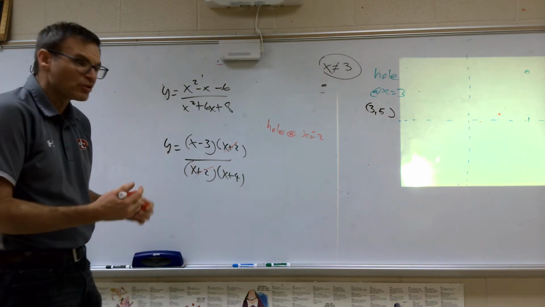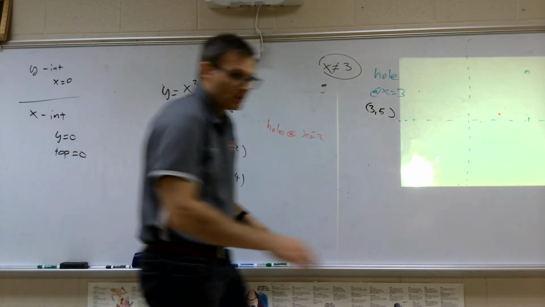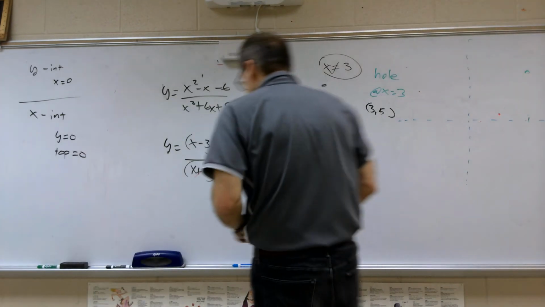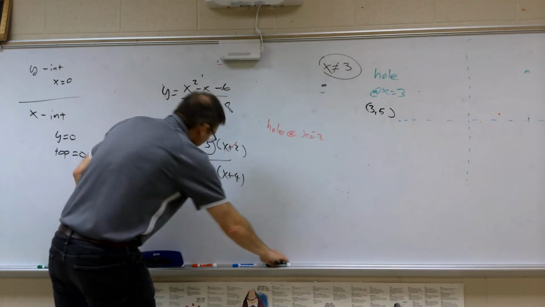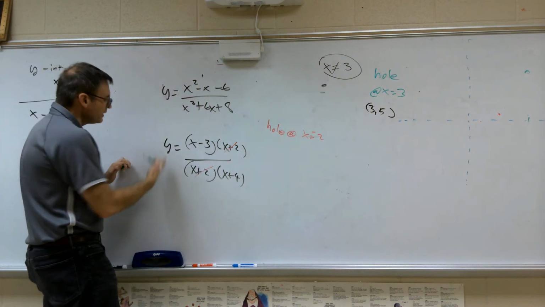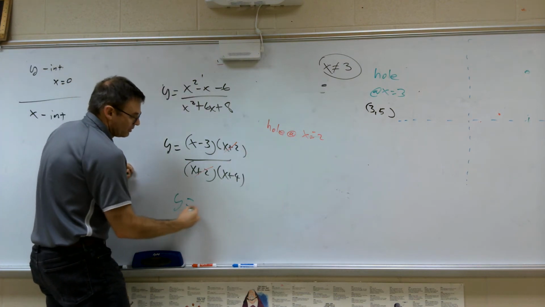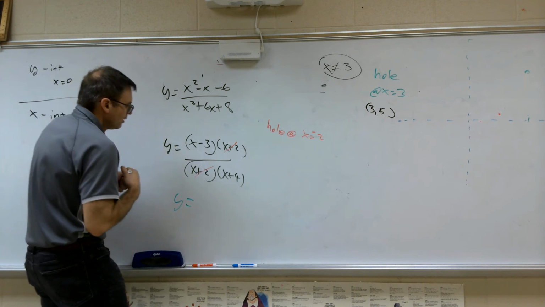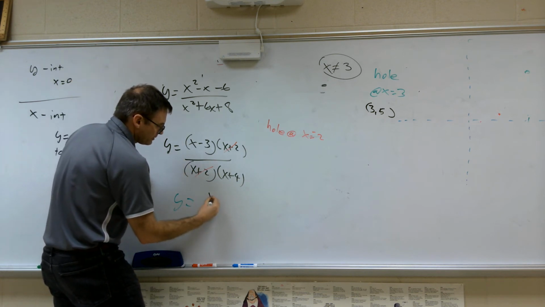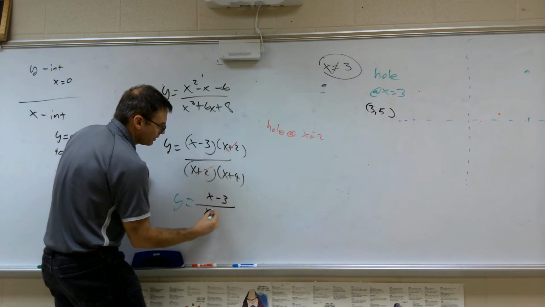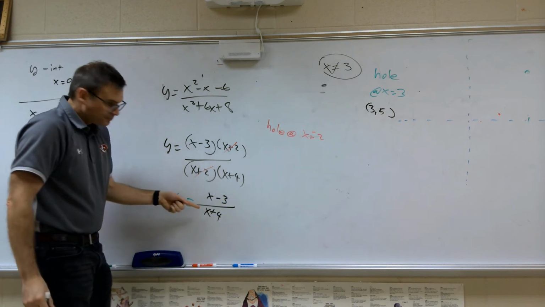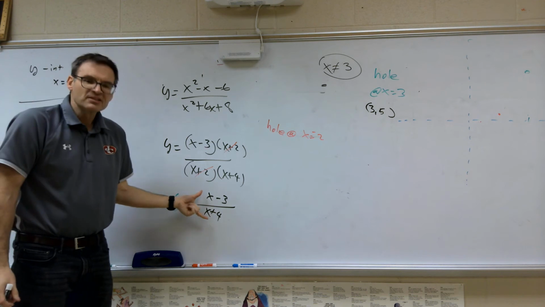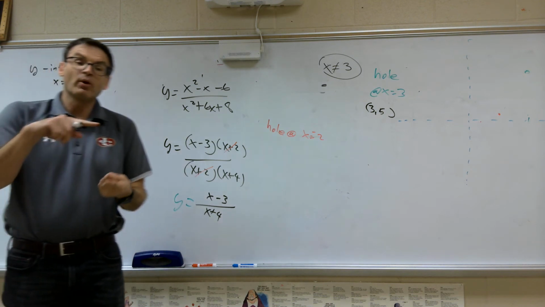And how you give me the coordinate is you go to the cleaned up version. So our cleaned up version of this is x minus 3 over x plus 4. And from this cleaned up version, we can find out where our hole is.